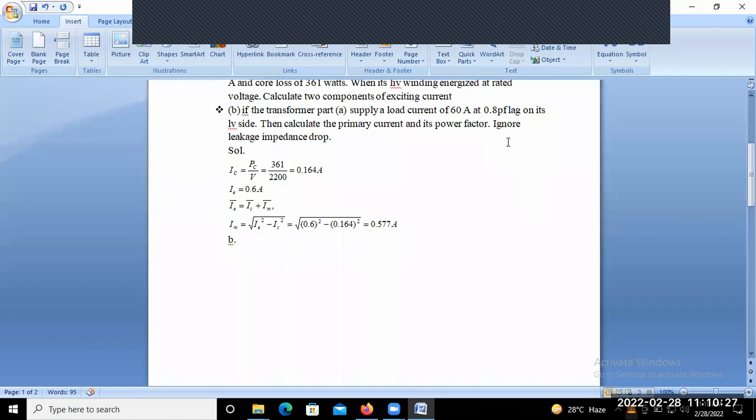That current into the number of turns of the primary side is equal to the MMF of the secondary side, which is nothing but I2 into N2. So we can write here the relation for the equivalent current of the load current towards the primary side.